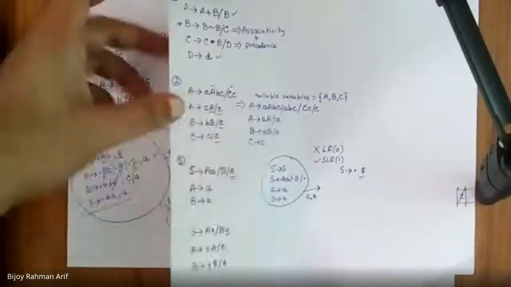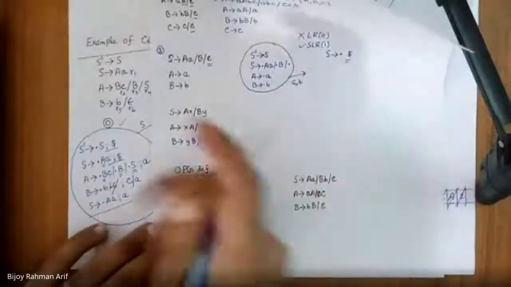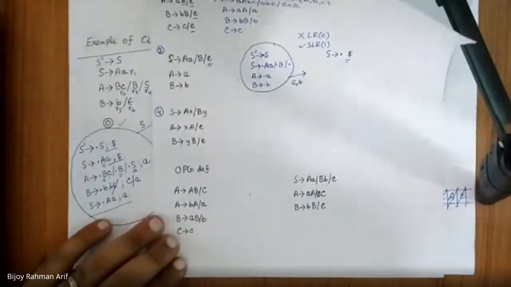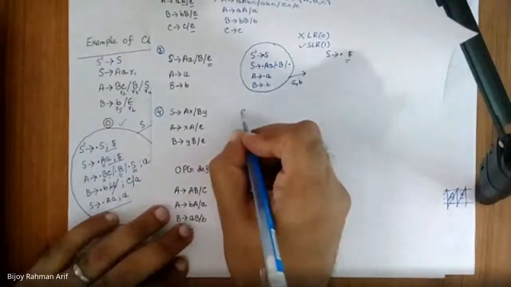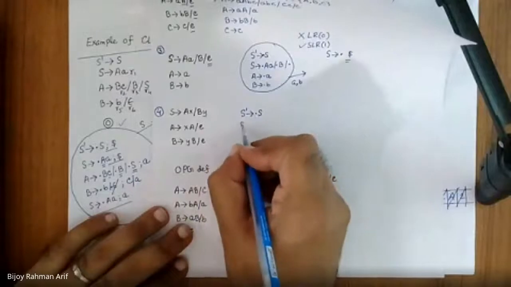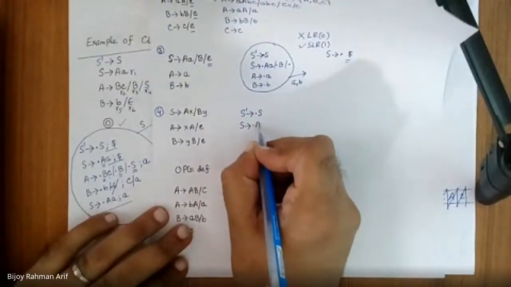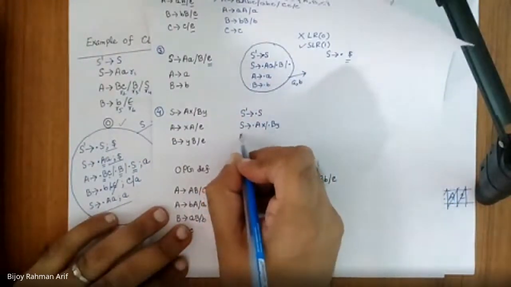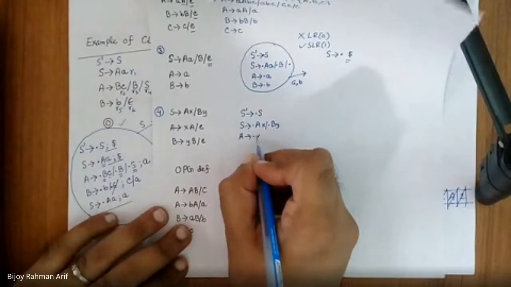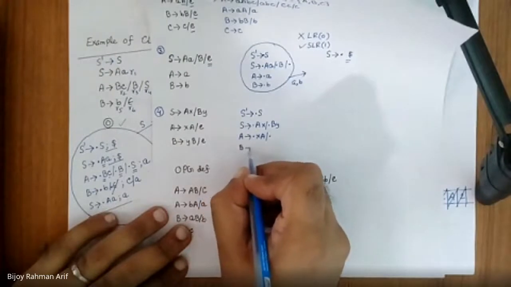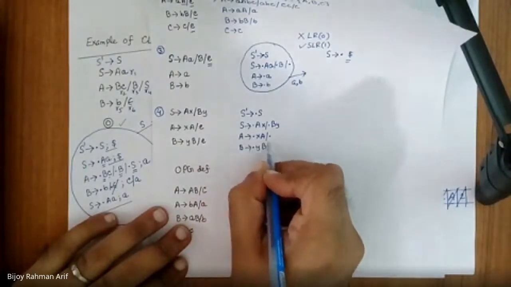Yes sir. Now let's go to the next problem, number 4. How many conflicts are there in LR0? Again, write this. S dash derives dot S, S derives dot AX or dot BY, A derives dot X, A or dot, B derives dot YB or dot.